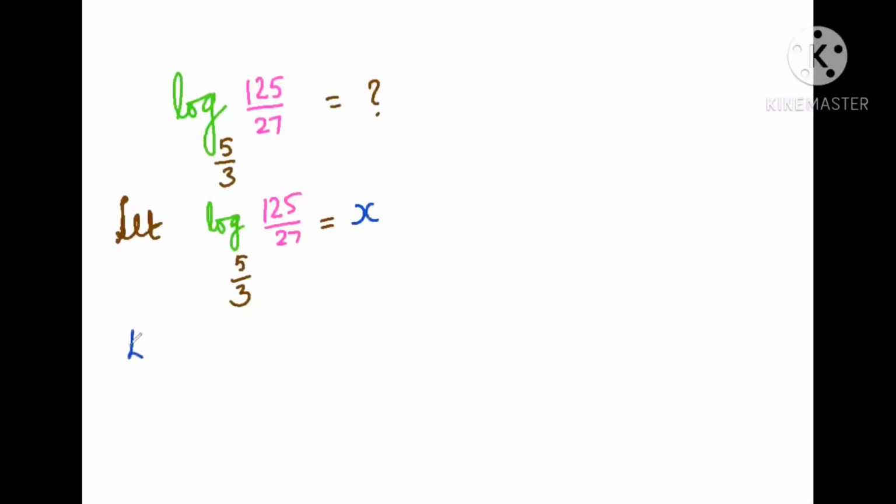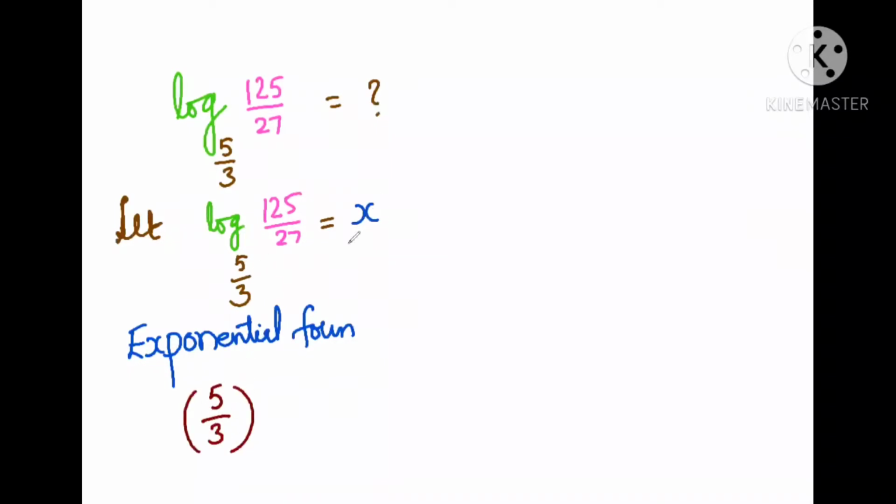Now exponential form. 5 by 3 to the power of x, a to the power of x is equal to n, is equal to 125 by 27.